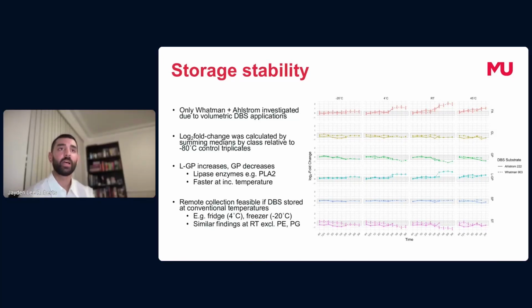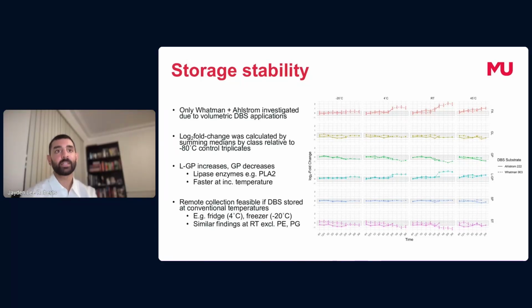We calculated the fold change of triplicate medians, and anything greater than 30% of the control is anything outside of the grey box range here, from 4 hours all the way up to 3 months, wherever that bar is outside the dark grey box. What we identified is that there's feasibility for remote collection at conventional fridge and freezer temperatures, namely -20 degrees and 4 degrees Celsius, at up to 2 weeks.